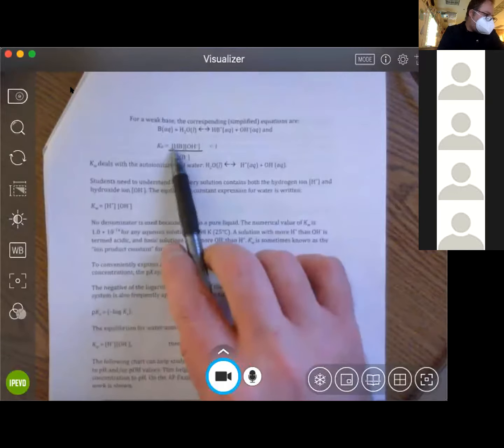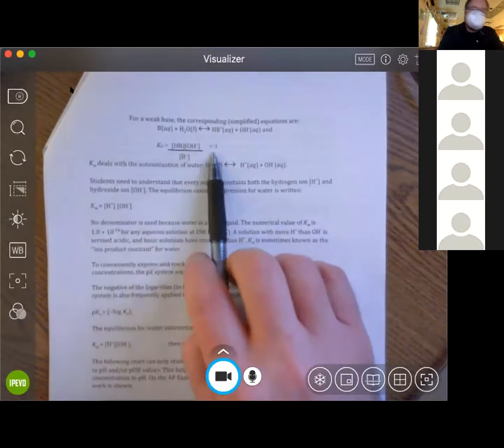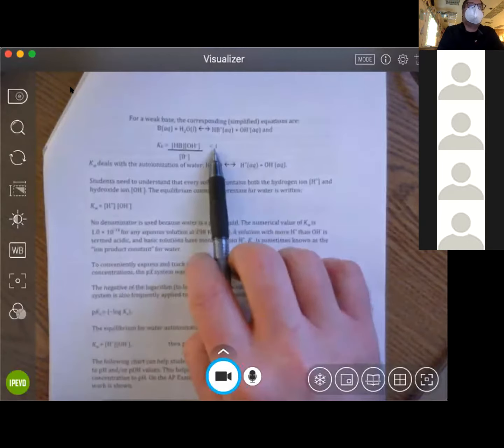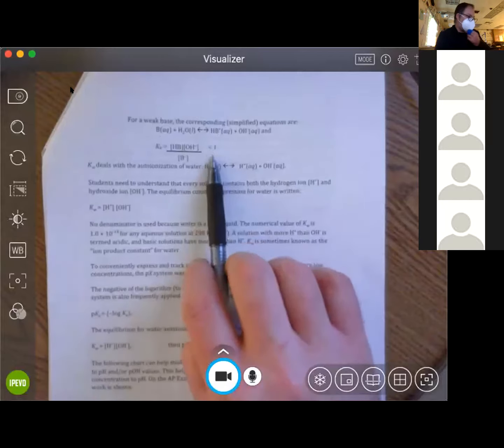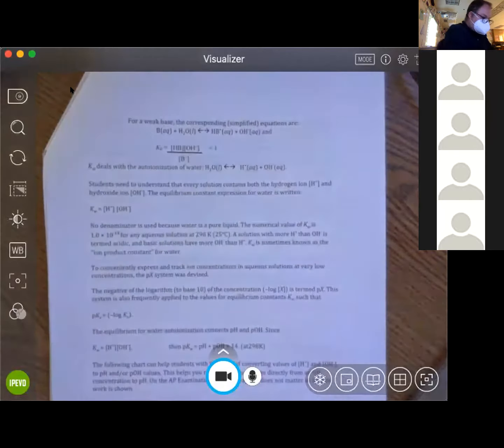If this does not do this very much, or again, we have a Kb much less than 1, then it would be considered a weak base. Your strong bases are your alkali metals and some of your alkaline earth metal bases. The rest are weak to some varying degree.